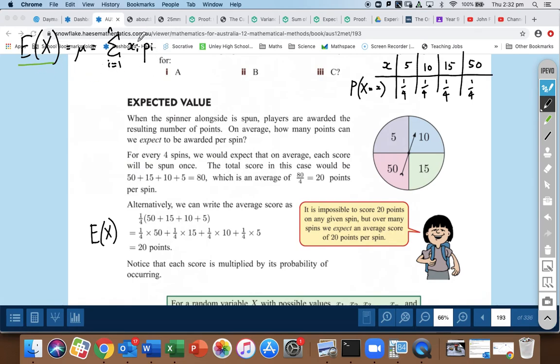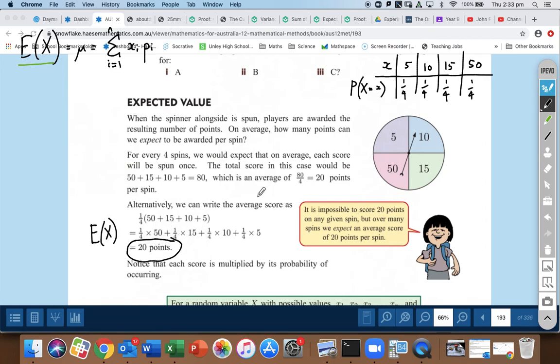So we need to do the value times the probability. Do that for the first one, 1/4 times 5 plus, remember this is a sum, plus 10 times 1/4 plus 1/4 times 15 plus 1/4 times 50. All right, in this case it's 20. So how would we interpret that result?